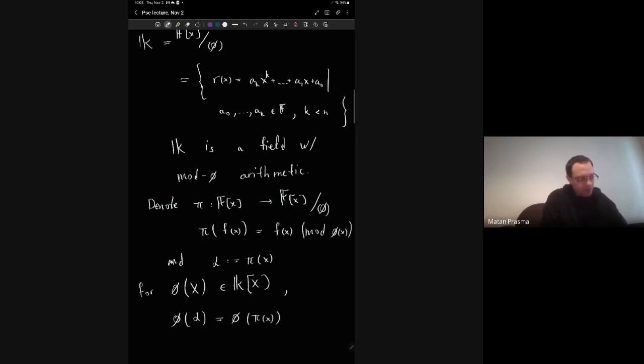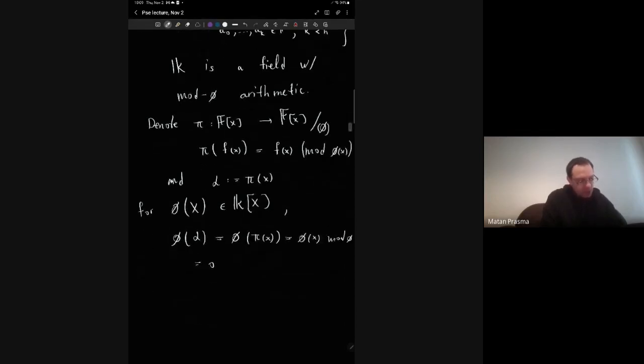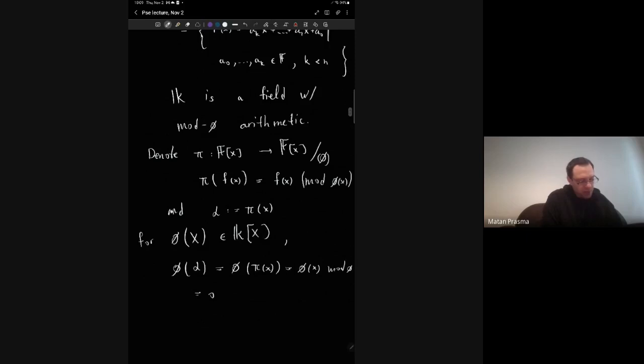Assuming that the degree of phi is more than 1, then pi(x) is simply the remainder polynomial x. So this is phi of x modulo phi, which is simply 0. So alpha is a root of phi. It means that I can write phi of capital X as (x minus alpha) times some other polynomial psi of x.